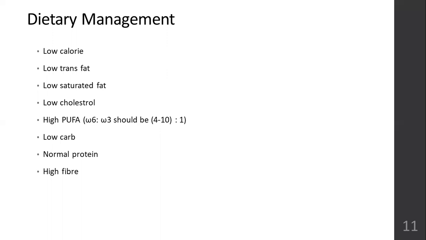Low trans fat. Which food do you think gives you trans fat? Yes, all the bakery items, highly processed food.